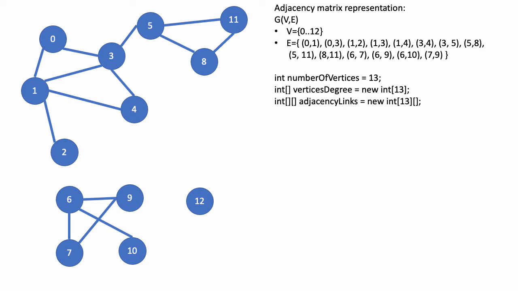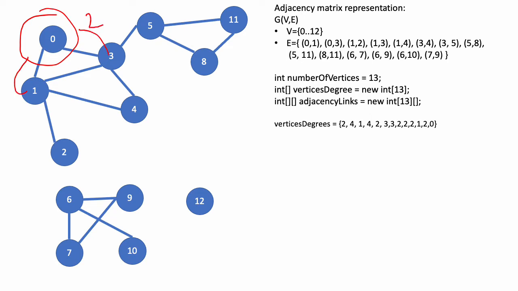Now for the graph on the left-hand side, for vertex 0 the degree is 2 because it's connected with 1 and with 3. And for vertex 1, the degree will be 4 because it's connected with 0, 3, 4, 2. So it has 4 neighbors. That's why the degree is 4.